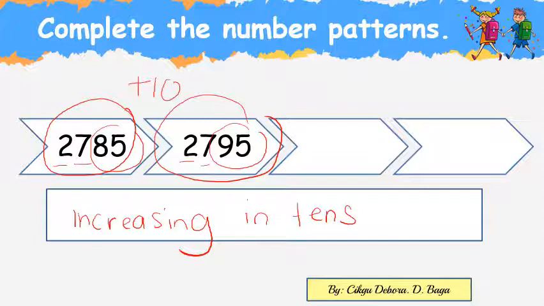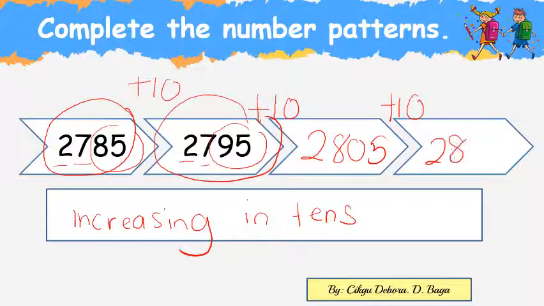And the next number also you need to plus 10. So 2795 plus 10 will be 2805. And the next number also you need to plus 10. So the next number will be 2815.